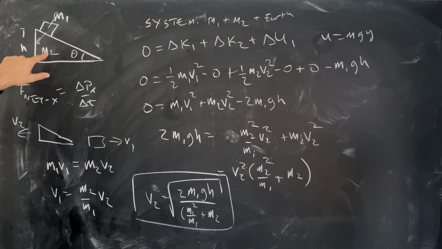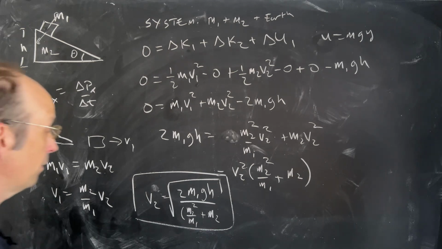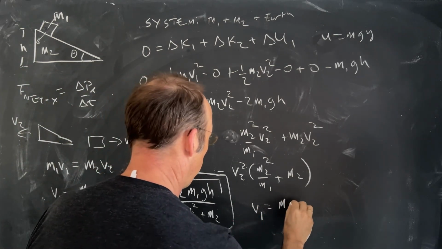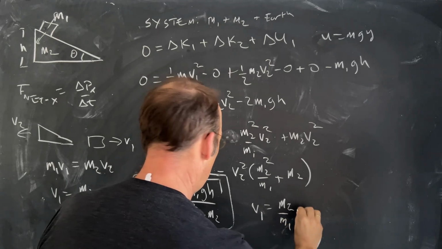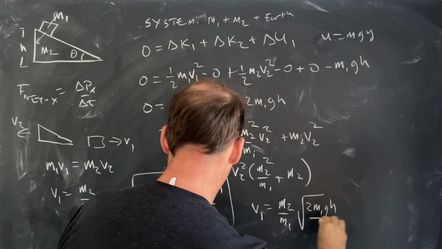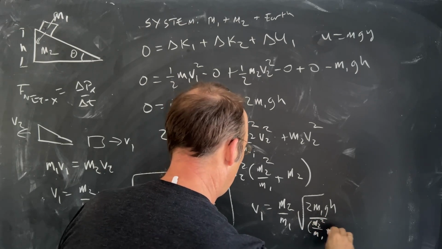Now what about the velocity of the block at the end? Well, I can just multiply by m2 over m1. So I can say v1 is going to be m2 over m1 square root of 2 m1gh over m2 squared over m1 plus m2.